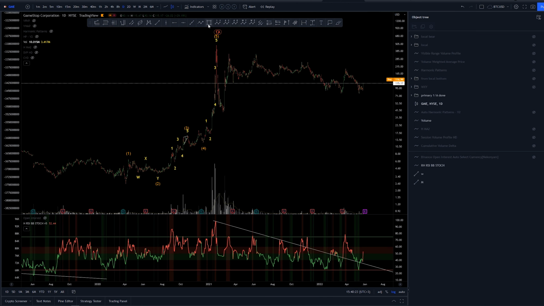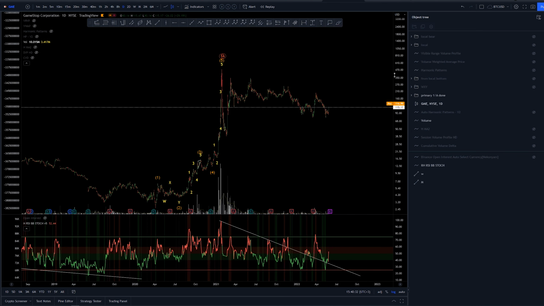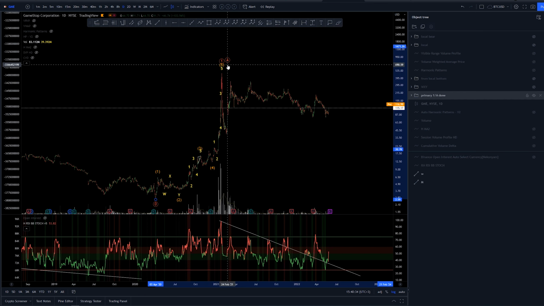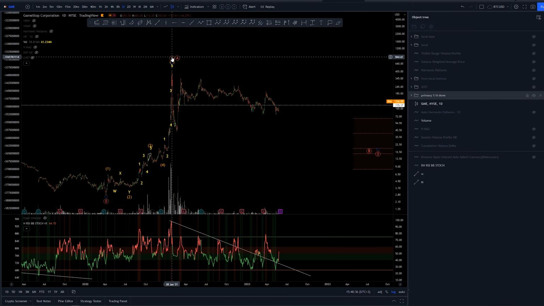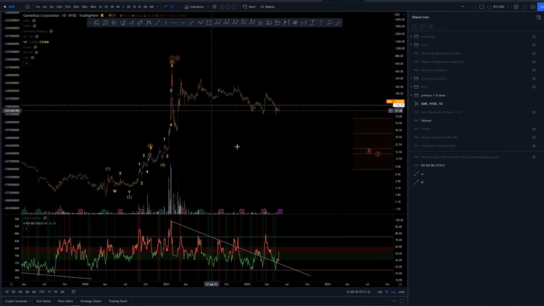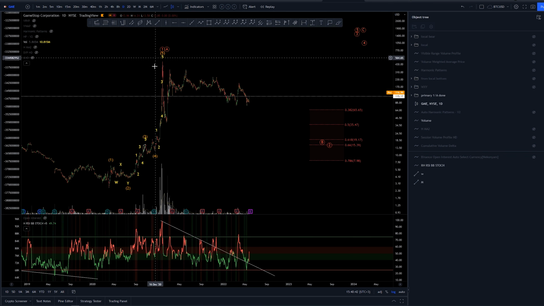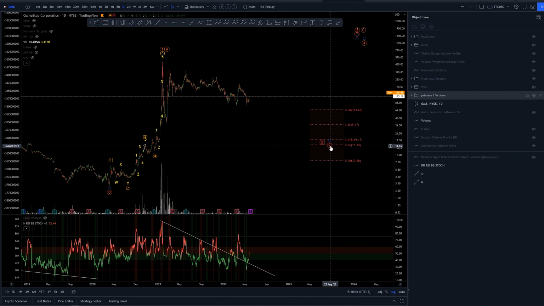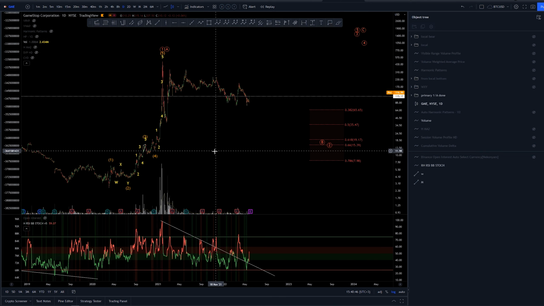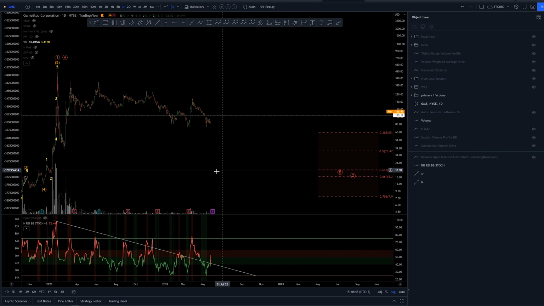To me this is just an impulse wave ending at the top. Whether it is a wave 1 or wave A remains to be seen, but both of these options are still on the table. Now, on a larger scale, we would be looking for the wave B or wave 2. So that will be next.